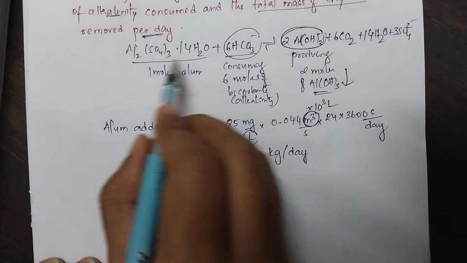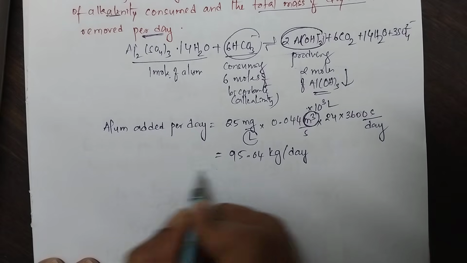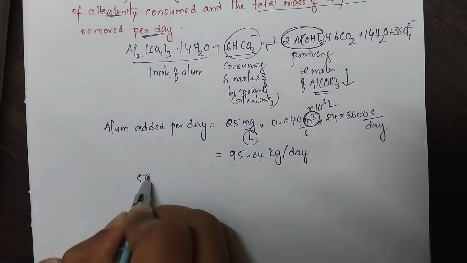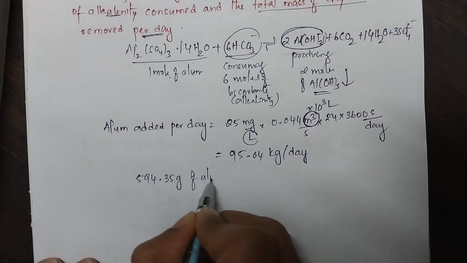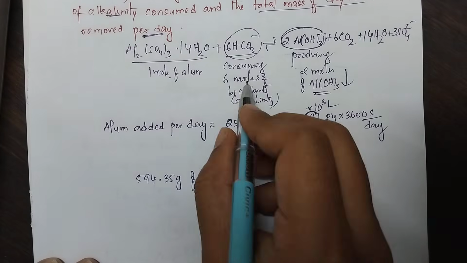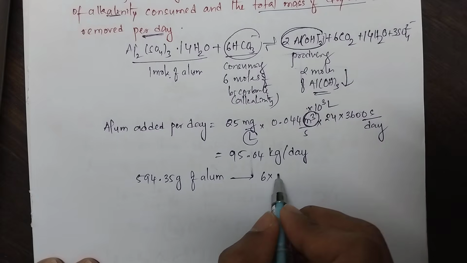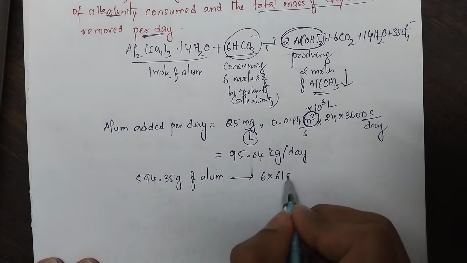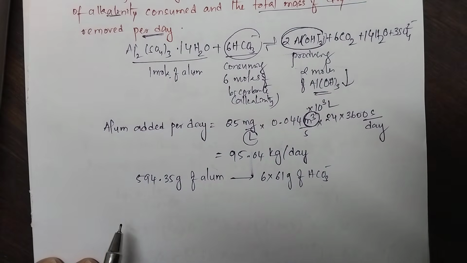So now as per the stoichiometry, 1 mole of alum, the molecular weight of alum is 594.35 grams, is consuming how much amount? 6 moles of HCO3, that means 6 into 61 grams of HCO3, or alkalinity, is being consumed.